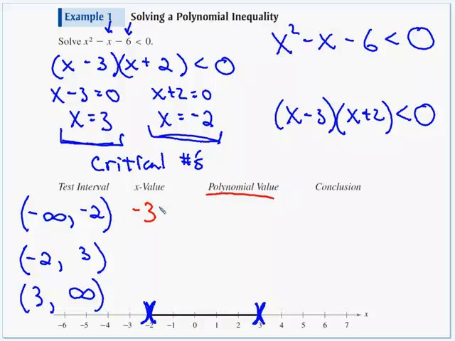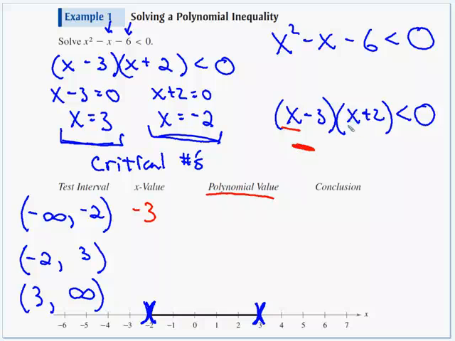We can take the negative 3 and plug it in here and see what happens. We could find the actual number, the output. Remember, we're only concerned with positive or negative. So an easier way to do this most of the time is to plug that x value into these factors. If I plug negative 3 in here, I get negative 3 minus 3, that's a negative 6, or just negative, that's all I'm worried about.